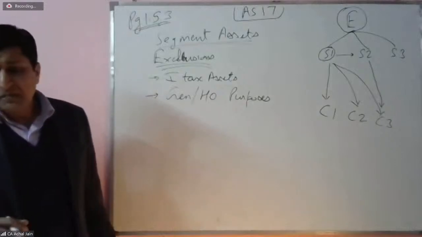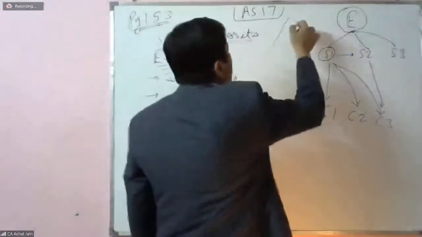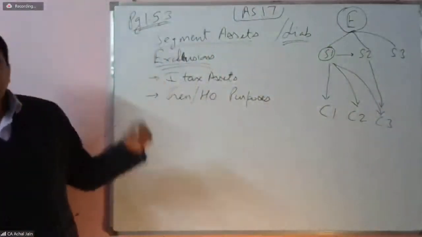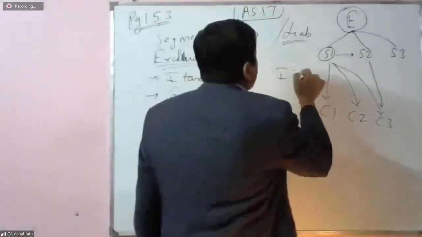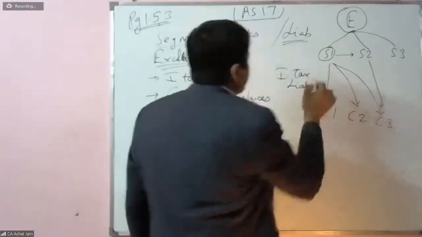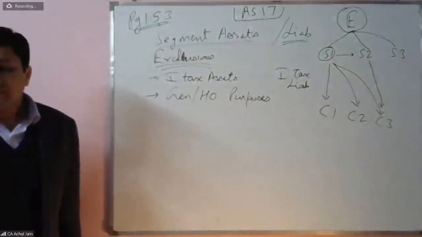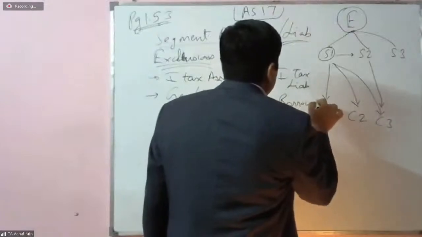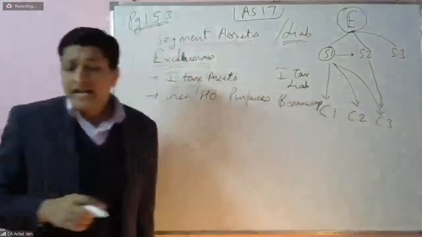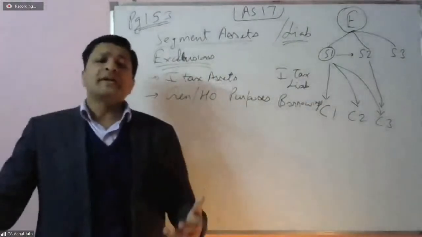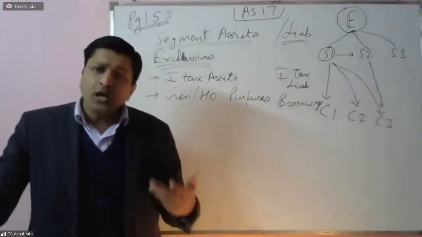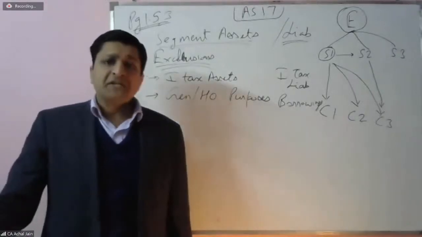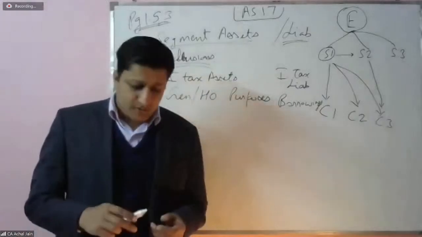Similarly, when we talk about segment liabilities, here we are excluding income tax assets. Here we need to exclude income tax liabilities. This will become an exclusion. And over here, the borrowings need to be excluded. Why? Because those are something which are pertaining to the entity as a whole and not really to a segment. Those are generally not specific to a segment. So that's why these are some of the exclusions.